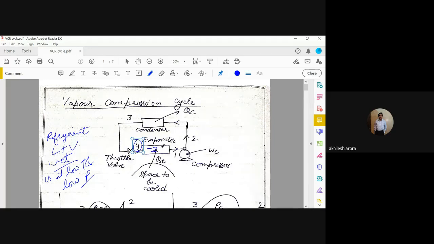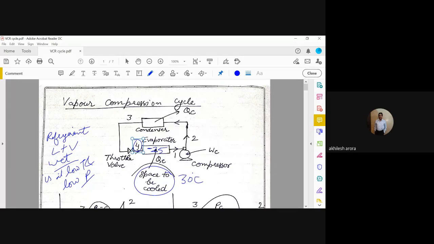You have brought certain products from the market, which would be at atmospheric temperature. I am considering this space to be cooled as those products which you have kept in the refrigerator. Their temperature may be around 30 degrees Celsius, whereas the refrigerant flowing in the evaporator is at minus 25 degrees Celsius.